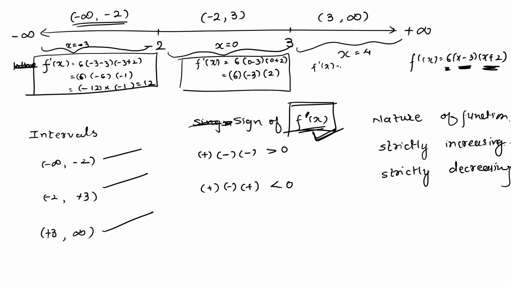And your f dash x is 6 as it is, then 4 minus 3, then 4 plus 2. That means plus, plus, plus, all plus. Because 6 is also positive. 4 minus 3 is 1 and 4 plus 2 is 6. All are positive, greater than 0.